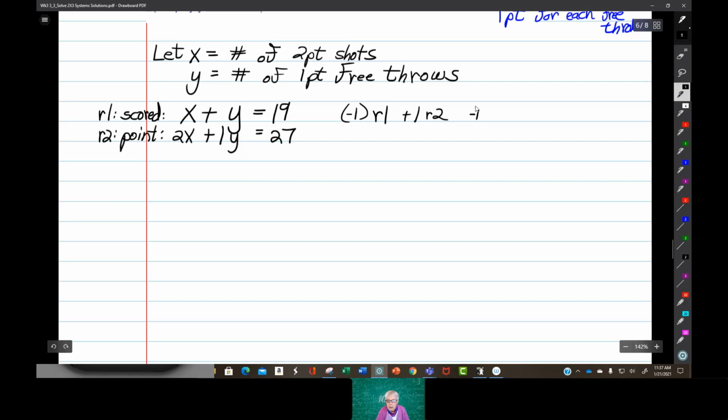So -1 times row 1 is going to be -x minus y equals -19. And then 1 times row 2 is going to be 2x plus 1y equals 27.